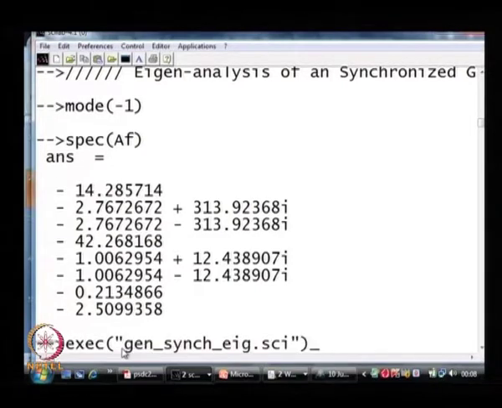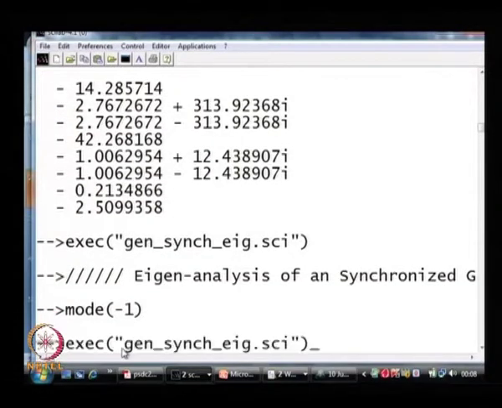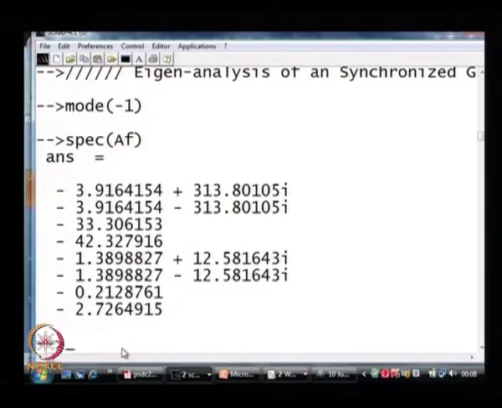I will rerun the program to see the eigenvalues with the 2.2 model. So, what you notice here, of course, is that there is a significant change in the real part of the eigenvalue corresponding to the electromechanical oscillation which is seen in the speed transient. Okay. So, this is consistent with what we have seen before.